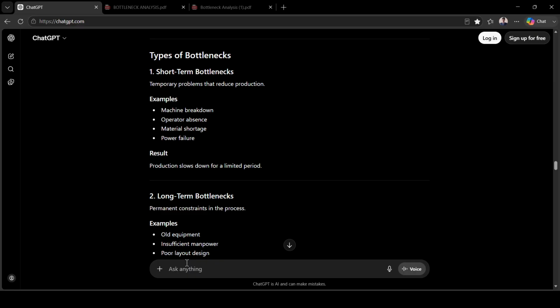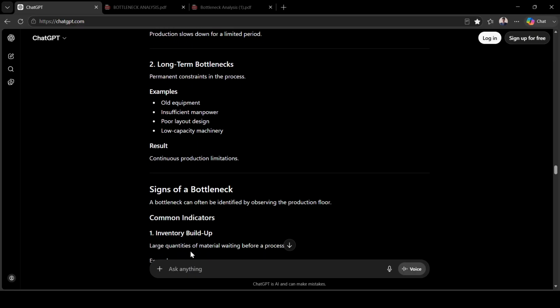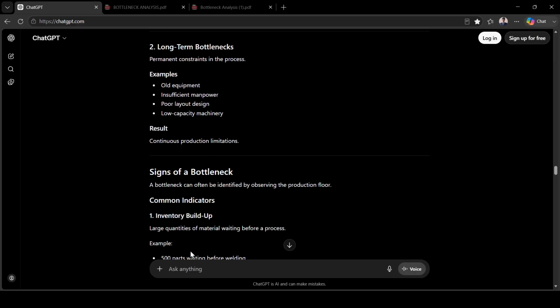Then long-term bottlenecks: permanent constraints in the process. Example: old equipment, insufficient manpower, poor layout design, low capacity machinery. Result: continuous production limitation.